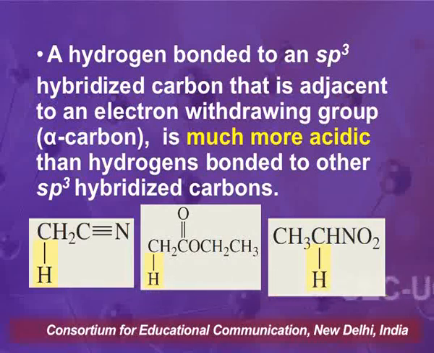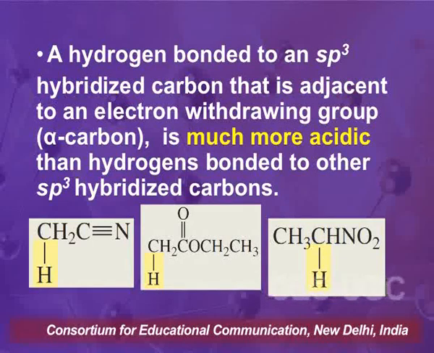Please remember, the carbon which is next to the functional group, that is, next to the electron withdrawing group, is the alpha carbon, and the hydrogens attached to this alpha carbon are known as alpha hydrogens.